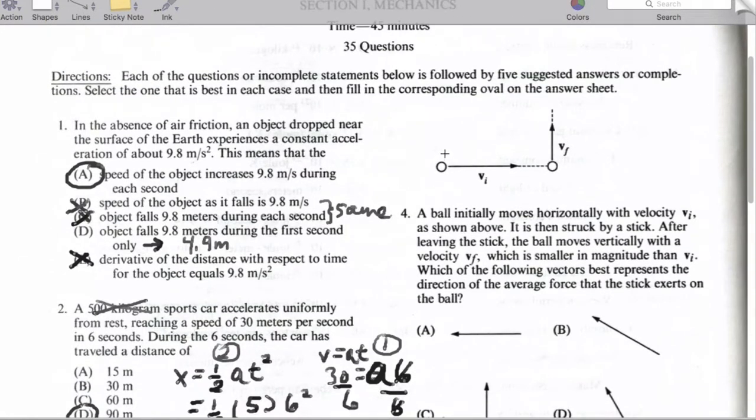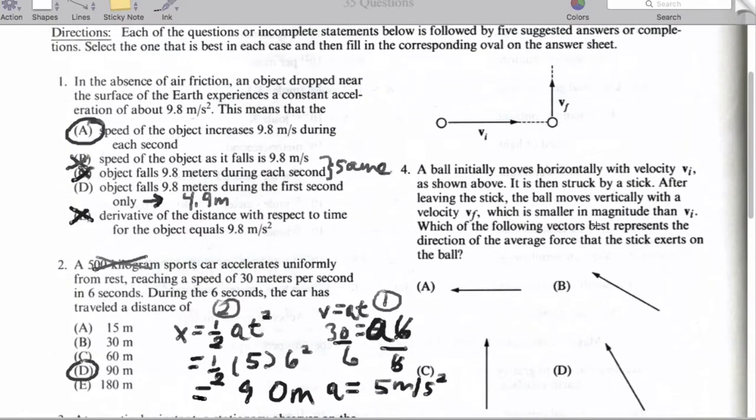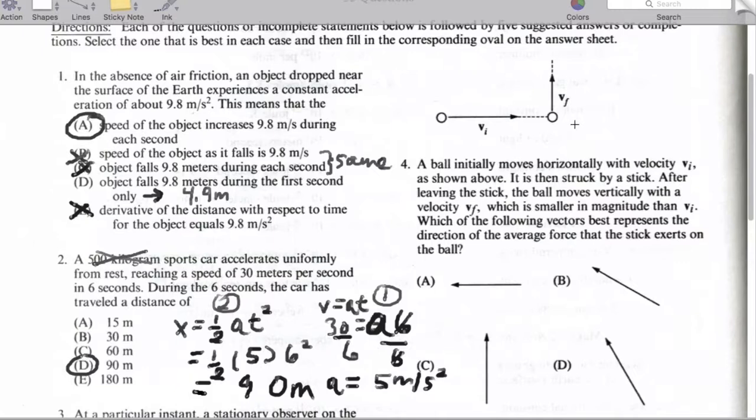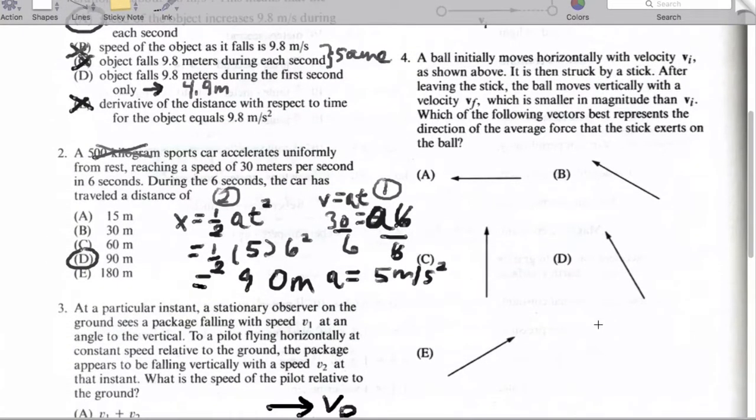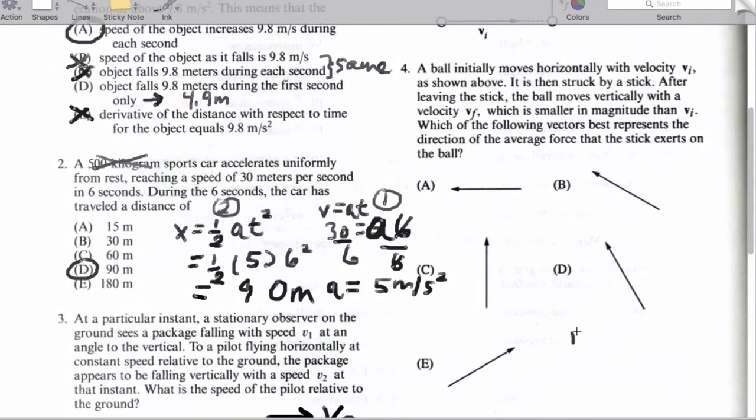Again, when I said you have spheres and you have arrows, the idea here is, part of this force, I need to stop the ball horizontally. So I need to do two things. First, I need to stop horizontally. So I need to stop in the x direction.